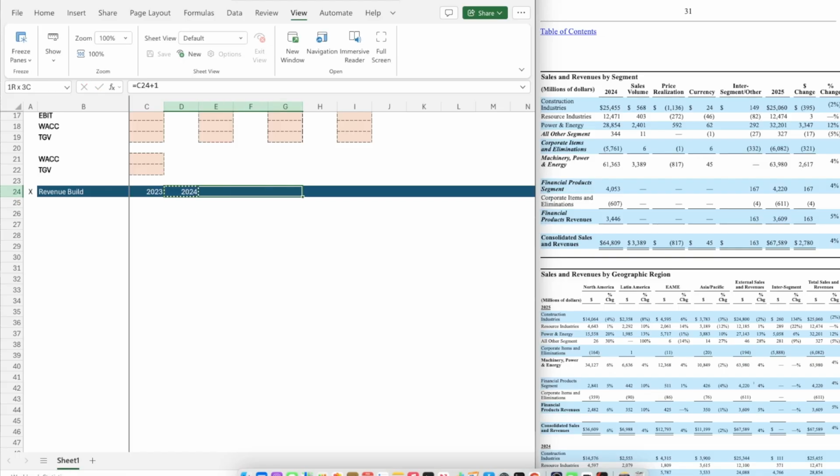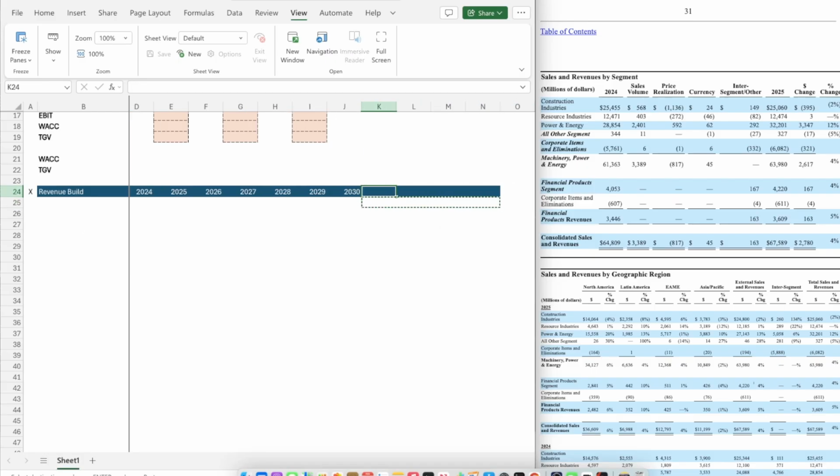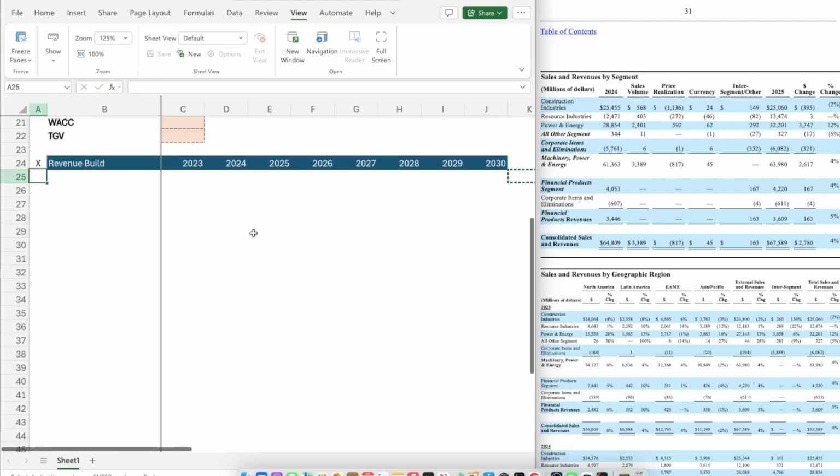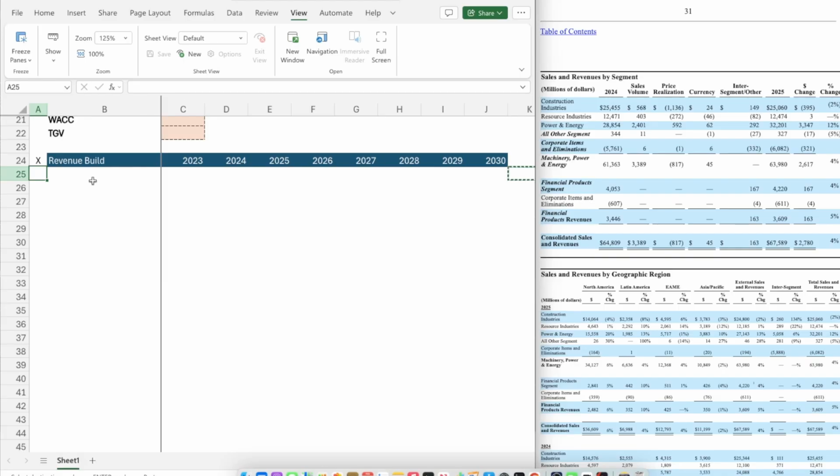There we go. We're going to go up to 2030. Yeah, we're going to go 26, 27, 28, and so on. Up to 2030. Means I can zoom in a bit more. Yeah, that's good.